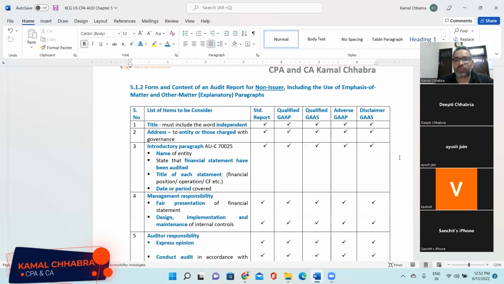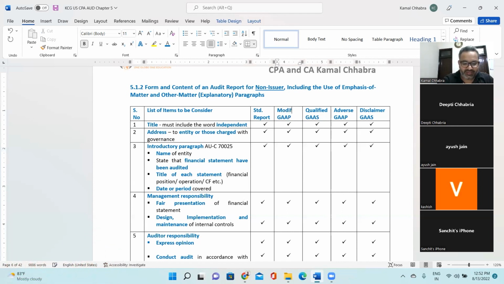Then there is a GAAP issue. So, oh my God, here it should be modified. When there is a GAAP issue, it can be modified, right? When there's a GAAP issue with severe or pervasive impact, it's an adverse opinion.